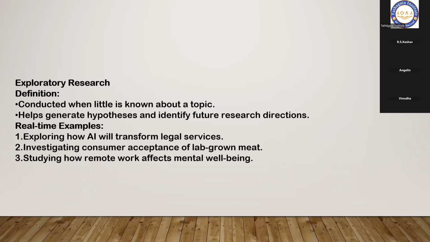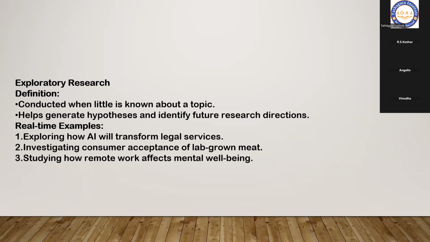So AI is in all the fields, healthcare, education, etc. So the new thing is, what if AI enters legal services? Right? The second real-time example would be investigating consumer acceptance of lab-grown meat. A meat which is produced in a lab, how would a consumer accept it?